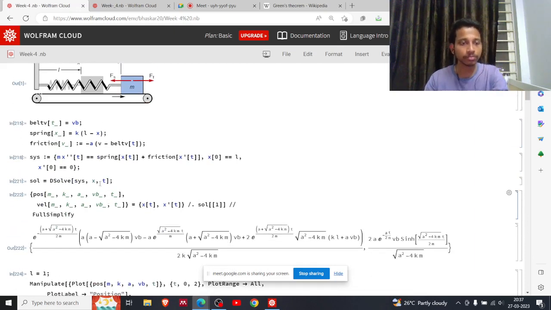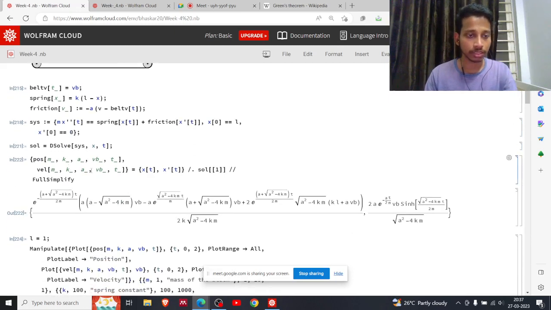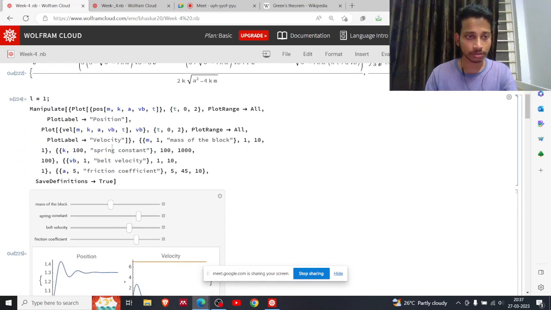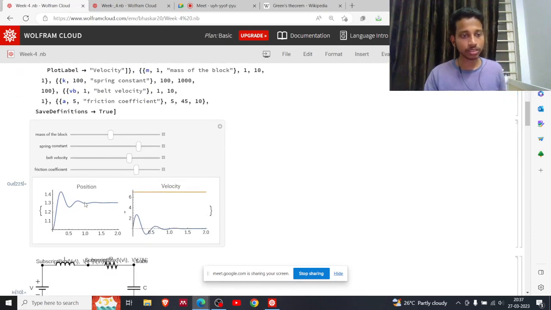Now we solve this differential equation with DSolve. Then we assign the solution to position and velocity functions using this line, and we get this complicated function for position and velocity. Then we use Manipulate to see the effect on position and velocity with the controlling parameters: mass of the block, spring constant, belt velocity, and friction coefficient.